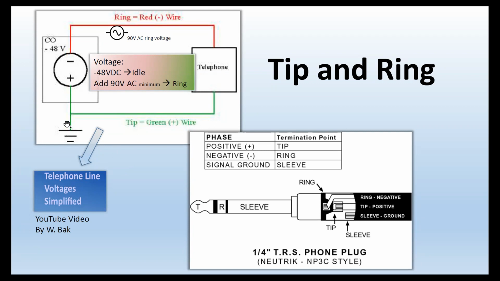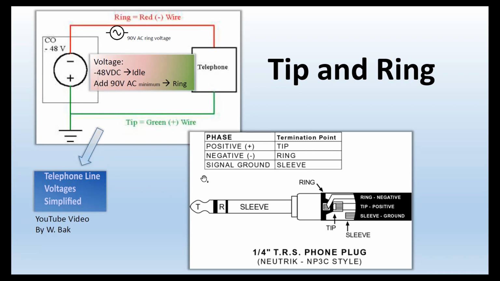Right now, see, excuse me. The positive side of the POTS line is equal to ground. It's actually connected to the ground, and there's a negative 48 volts introduced to the whole line. Now, tip and ring.